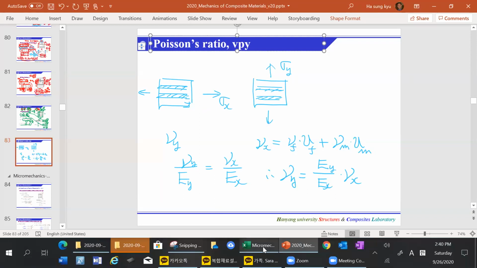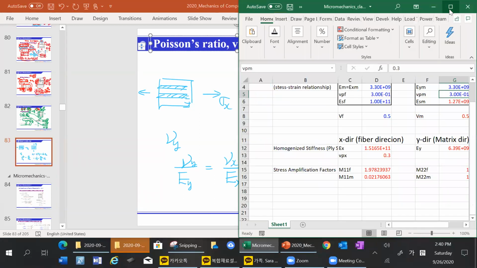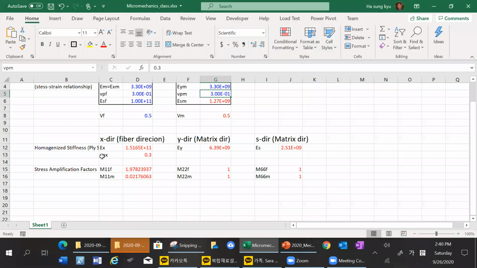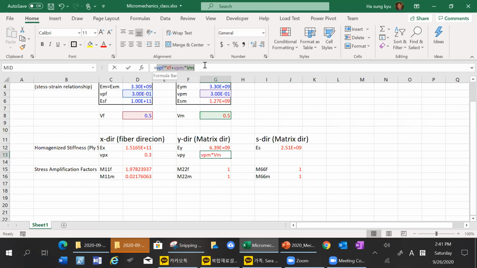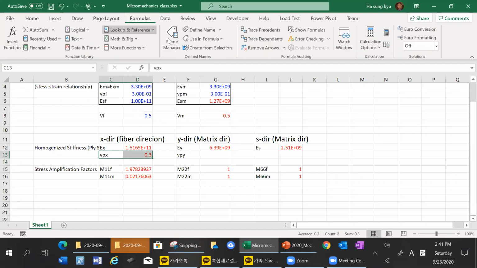Okay, using this equation, we can go back and say Poisson's ratio here. I will say this one will be y, and by the way, we need to give a name to this.